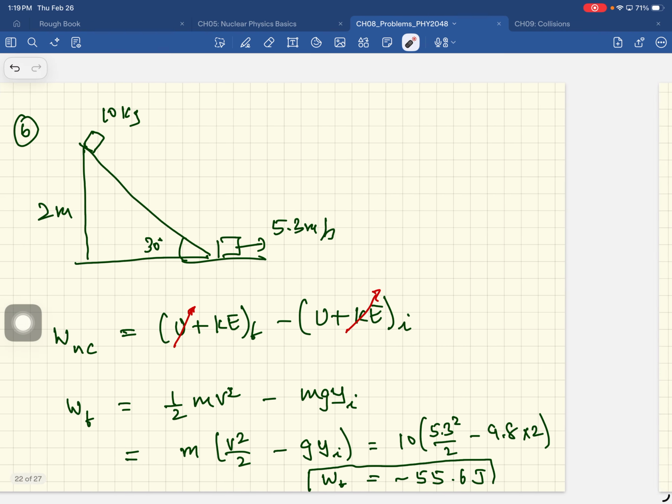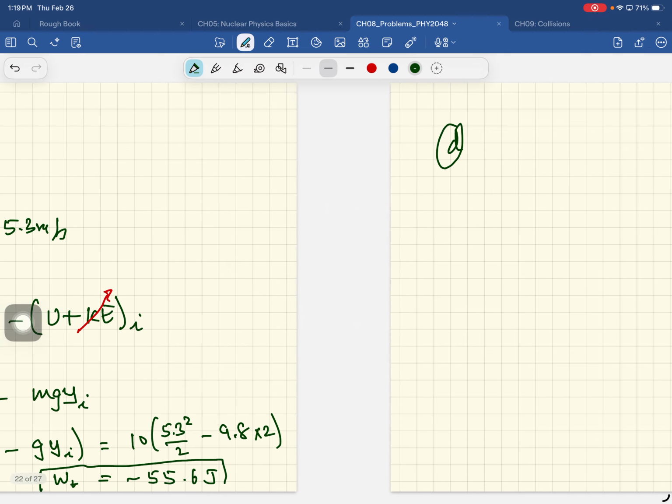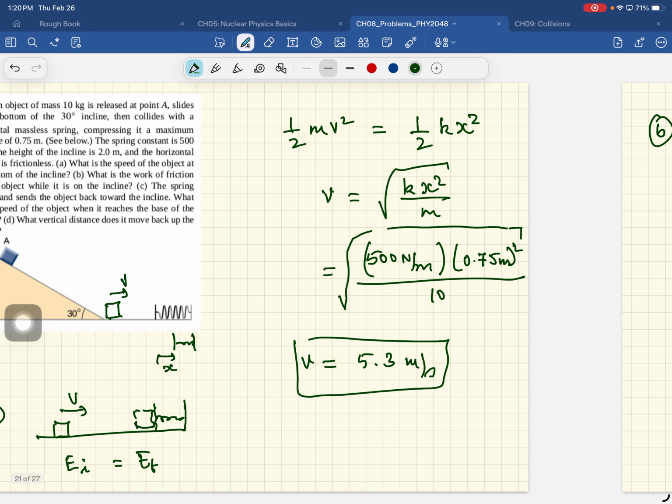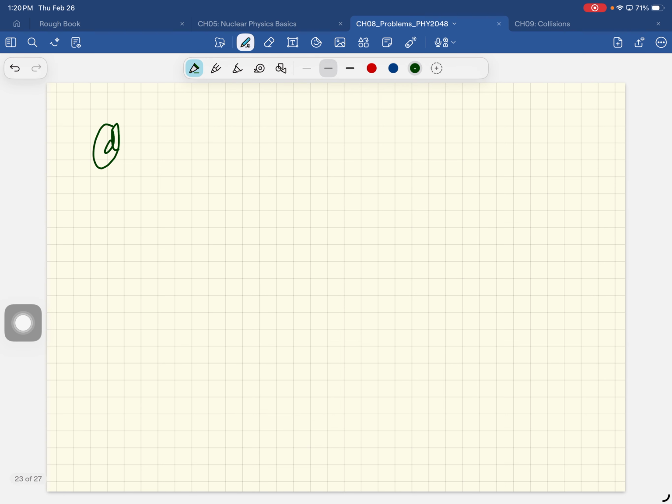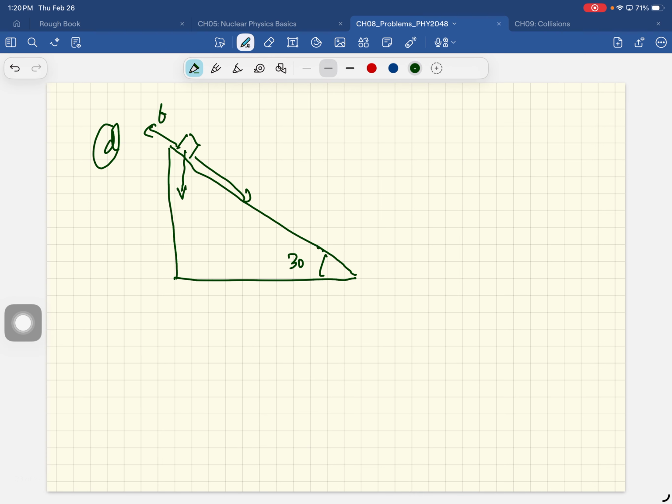So for D, and I'm skipping C, you know the answer to C. So what we'll do is, this is 2 meters, so the hypotenuse is 2 over sine 30.